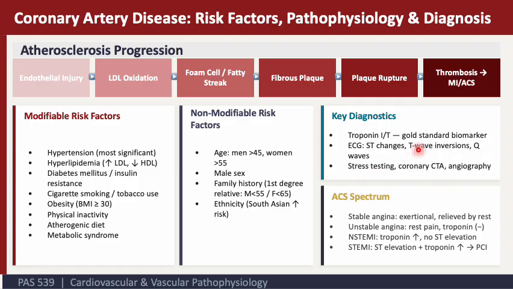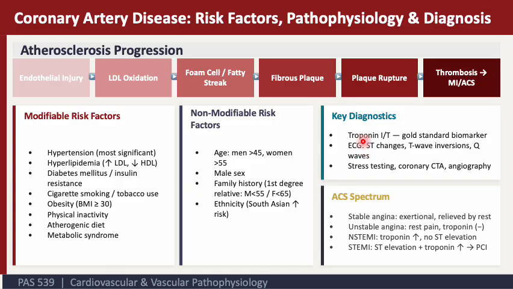So what do you do to work up someone that you're suspecting to have coronary artery disease? So usually they're going to present with either shortness of breath, or they're going to present with chest pain. So some of the key diagnostics would be you get some cardiac enzymes.